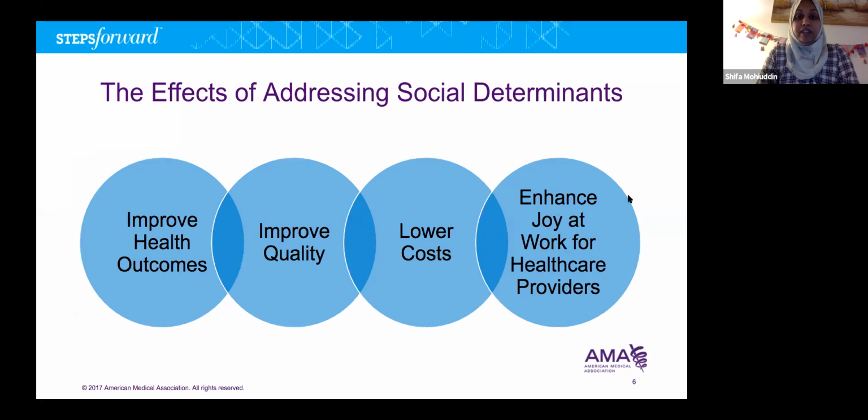So what are the effects of addressing social determinants? Improving health outcomes, improving quality, decreasing costs, and also overall increasing the work atmosphere for healthcare providers.